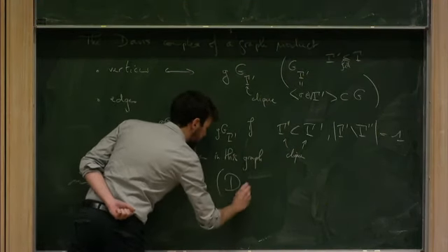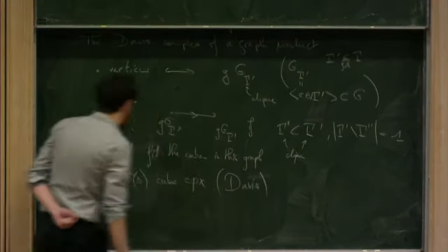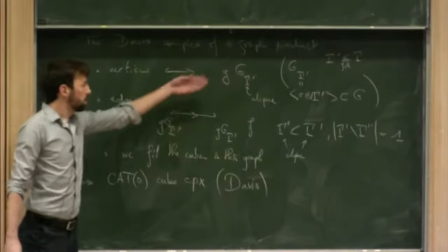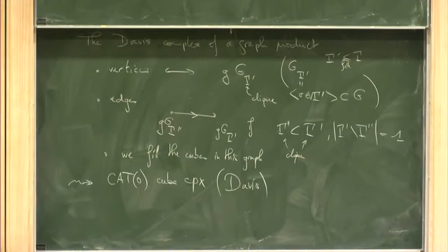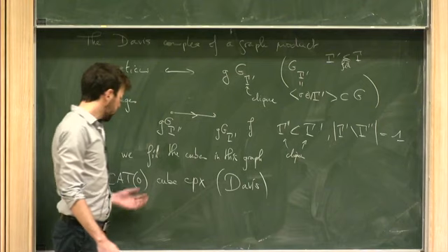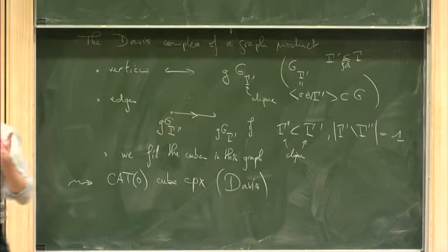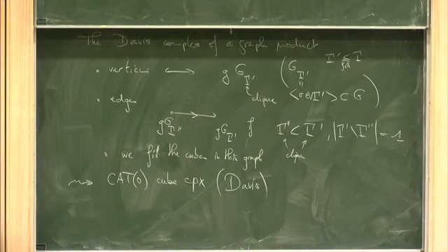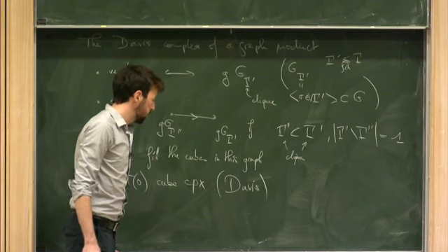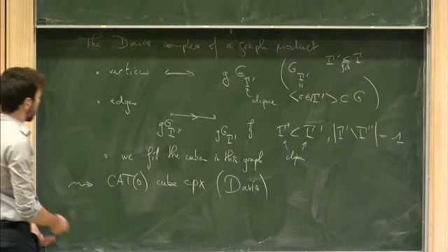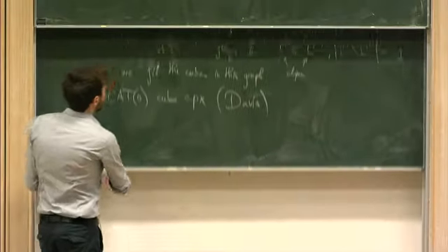That's a result of Davis, and since it's built by cosets, there's a very nice action of the group on the left. It also turns out to have the structure of a right-angled building, but we're not going to use this structure in this talk.